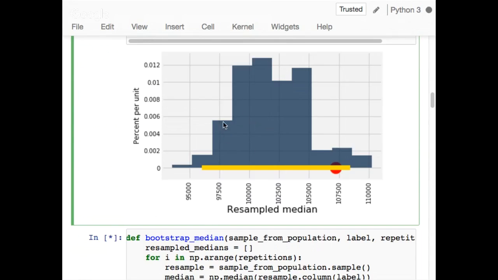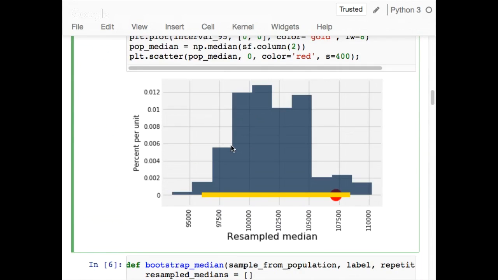So for example, here I have some samples that had medians of 97,000. Over here, I had some samples that had medians of like 110,000. And what we did yesterday was we said, okay, roughly the medians fall into this distribution, and we took the middle 95% of that.